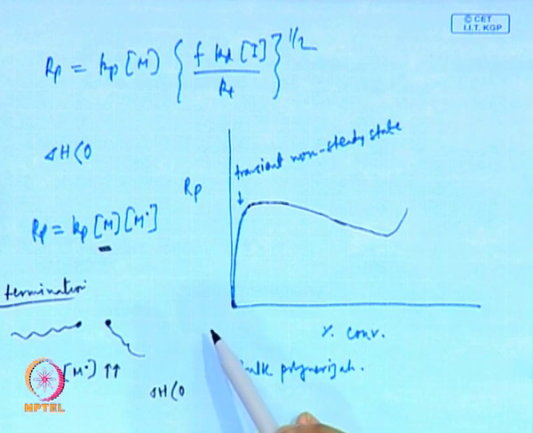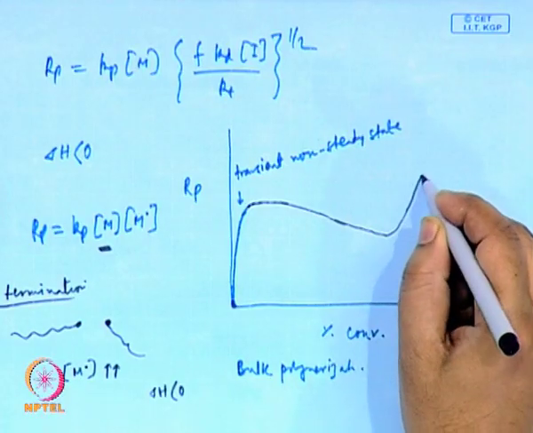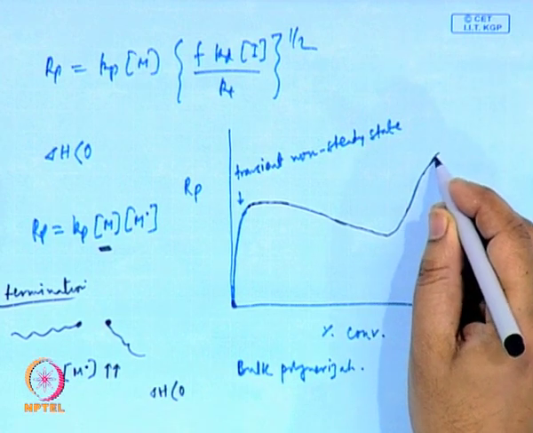So, what happens if auto-acceleration is happening? Because the rate of polymerization goes up, more heat is generated, and we cannot take it out effectively because the medium viscosity is high. So, temperature goes up, and as temperature goes up, the rate of polymerization again goes up, and more and more heat is generated. So, basically there is auto-acceleration, the rate zooms, the rate of polymerization becomes too accelerated, and as a result you get a gel at the end.